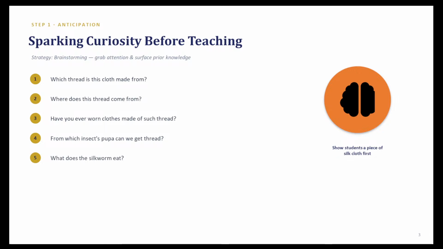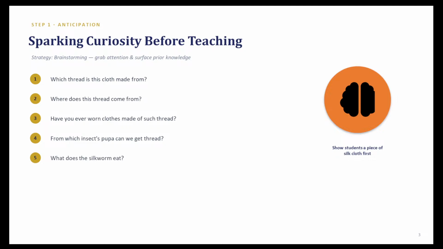In the anticipation part, I always like to begin a lesson by creating curiosity. So, instead of directly explaining the life cycle, I first show students a piece of silk cloth, and then I will ask simple questions like: What is this cloth made of?